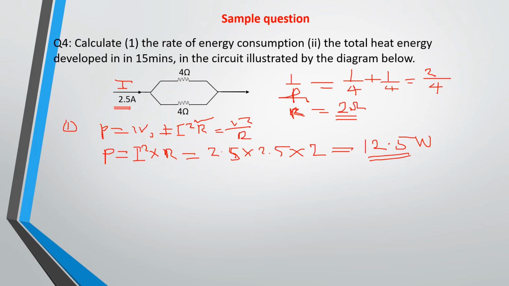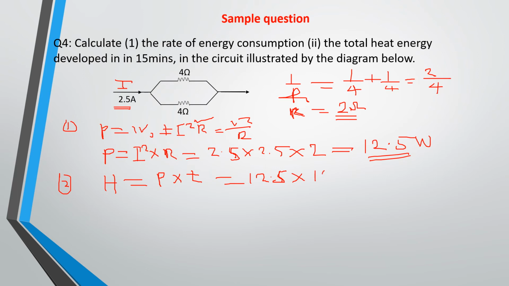in the circuit illustrated in the diagram below. So the heat energy is equal to power times time. Okay, heat energy is power times time. So just substitute that. So you have 12.5, which is your power, multiplied by time.